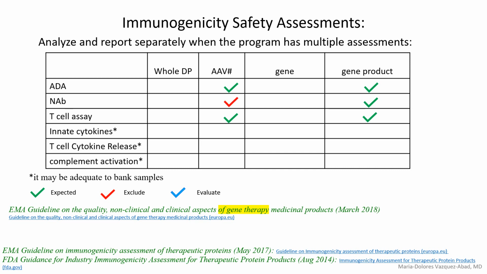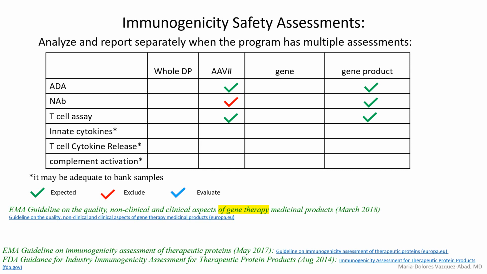Now, in terms of the neutralizing antibodies to the vector, these are generally exclusionary because if the vector cannot reach the particular organ, the vectors are used based on their tissue tropism, then it would not be able to inject, let's say, the gene therapy in the appropriate tissue.